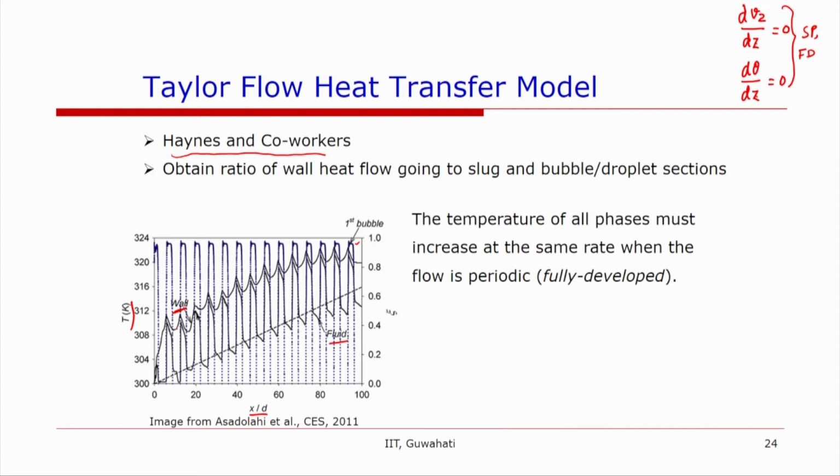So, it has not become steady yet, it is almost. The temperature is increasing continuously, and this is the non-dimensional radial location, from 0 to 1, that is, small r by capital R, and this is the wall of the channel.